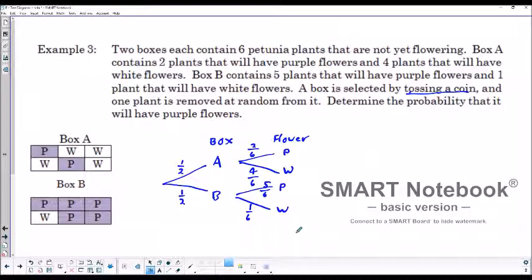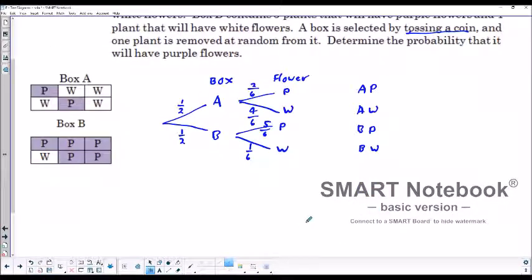Okay, so for our outcomes, we've either got box A and purple flowers, or box A and white flowers, or box B and white flowers, or box B and purple. And then we just have to multiply the probabilities along the arms.